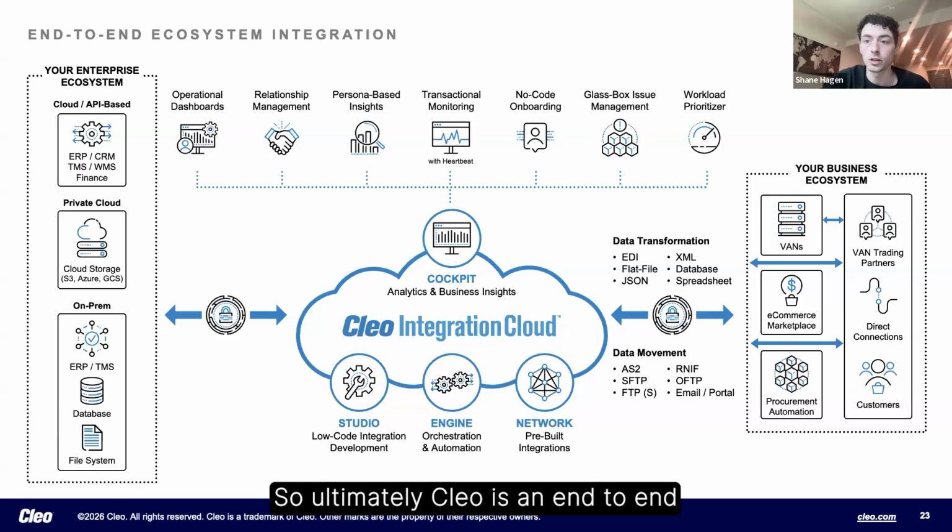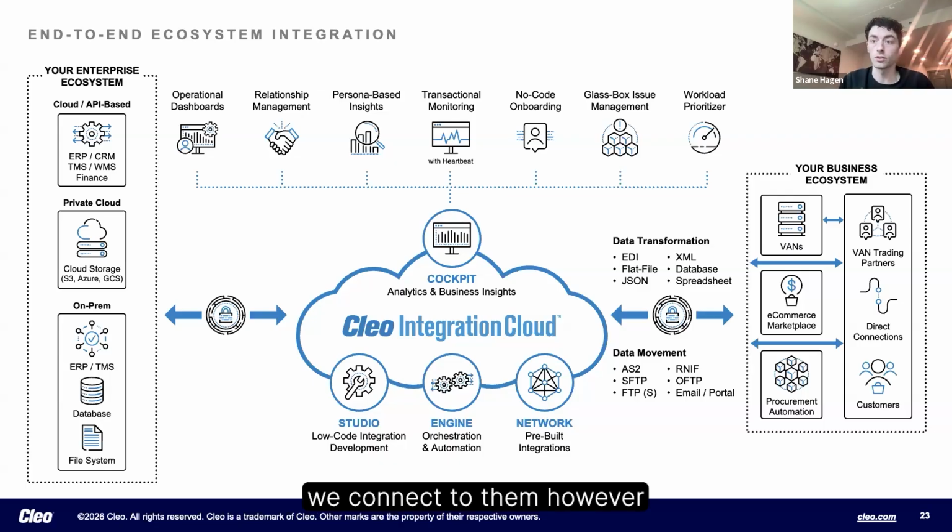So ultimately, Cleo is an end-to-end integration solution to integrate your supply chain ecosystem with your internal applications. On the right-hand side, we see your business partners, whether these are your customers, your suppliers, your third-party logistics providers, whoever you might be doing EDI or B2B transactions with.